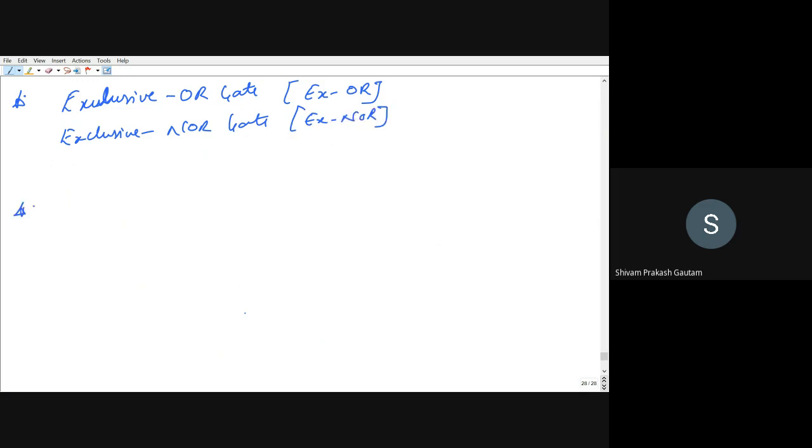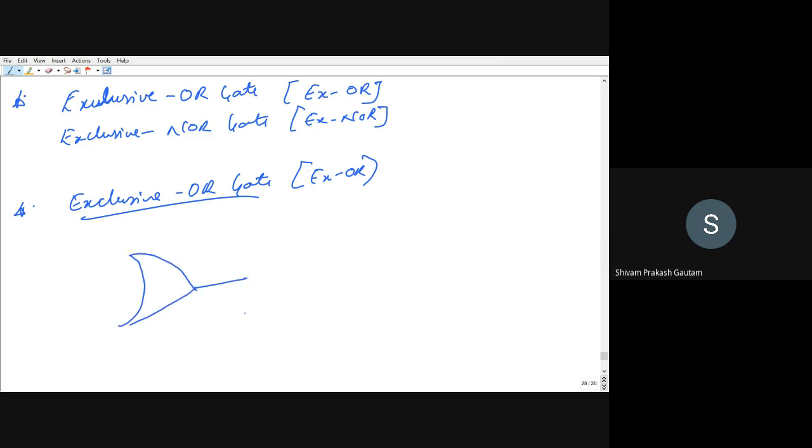First one is the exclusive OR gate. How is it represented symbolically? It is an OR gate with one more curve, and the inputs are provided to it. So this is A, B, and you can write the output as A plus with a circle, and B. This is how you can represent the exclusive OR gate. This addition with a circle represents the sign of the exclusive OR gate, right?